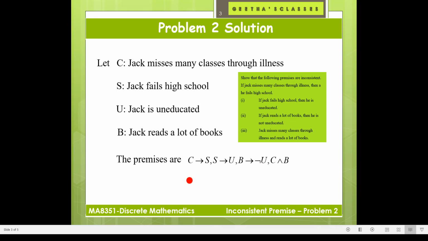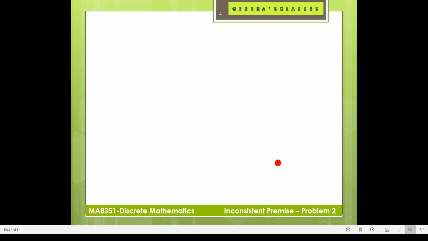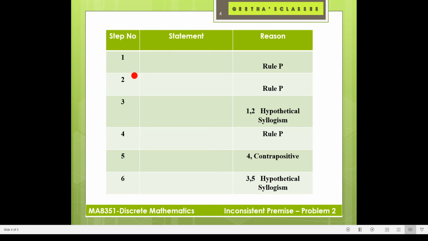Now using these premises, we have to arrive at the conclusion false. So frame the table now. You write three columns: step number, statement, reason. The first two steps are the given premises: C implies S, S implies U. These two statements are nothing but given premises, that is rule P. Now you combine 1 and 2.